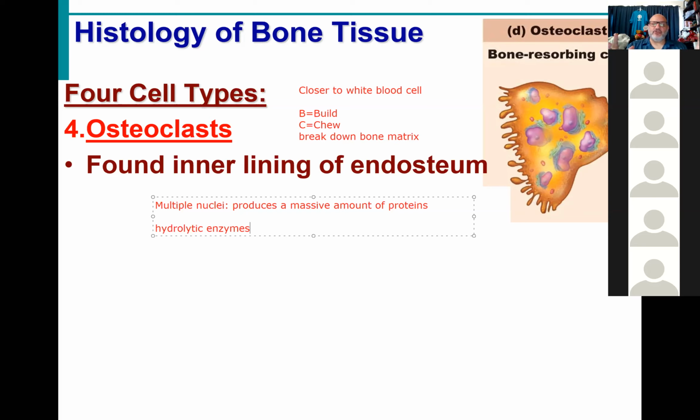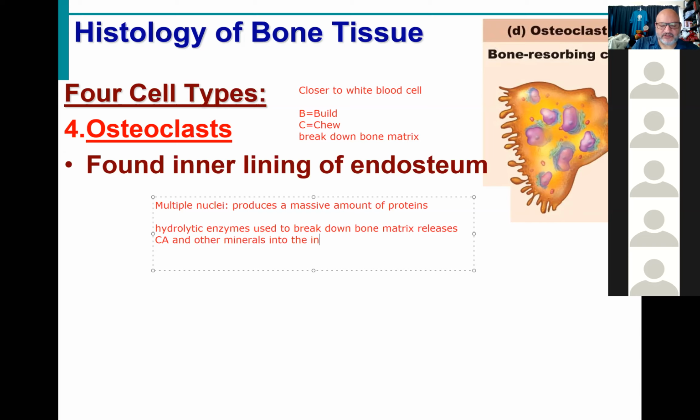Their job is to use water to break bonds. And in particular, these hydrolytic enzymes are used to break down the bone matrix, right? That bone matrix, remember, was the minerals that were pulled out of the interstitial fluid. So when we break that matrix down, it releases calcium and the other minerals into the interstitial fluid.